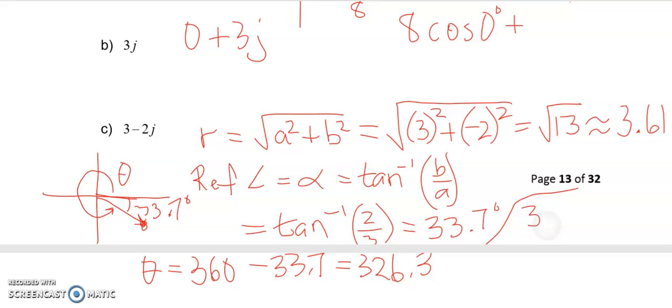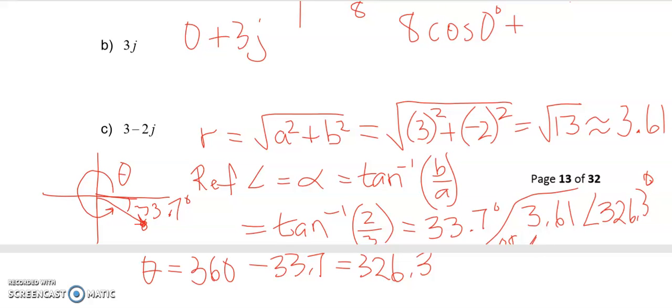Okay, so that number in polar form, you could write it as 3.61 angle symbol, 326.3 degrees. There's your angle. Or if you wanted to, you could even leave it exact.